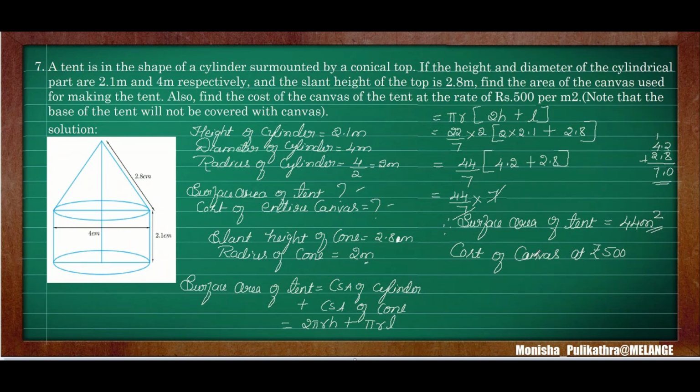Therefore, the entire surface area is 44 into 500 rupees. So this is the cost of canvas at rupees 500, that is 22,000 rupees. I hope you understood this.